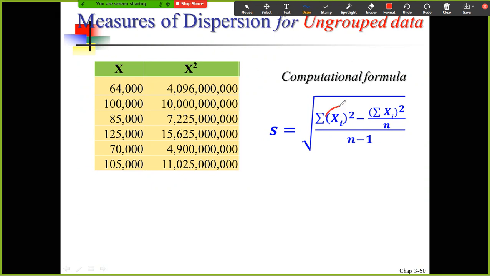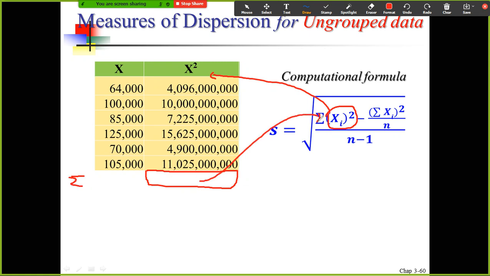Because the formula requires it. Based on the formula, I have x square and then I add all of them together. This is called summation. And for x, I add all of it together and then take the square.